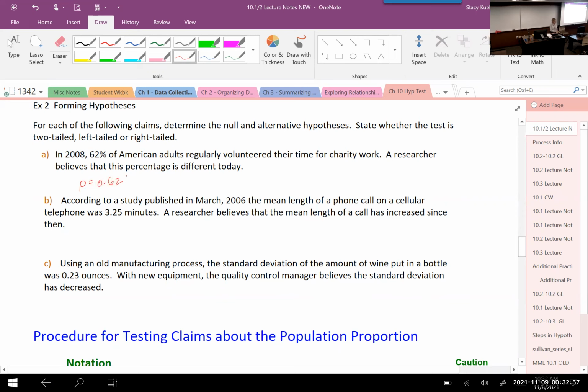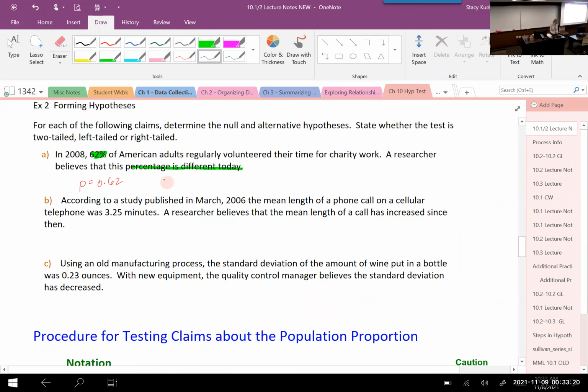And the other piece of information that is needed in here is that a researcher, so you want to know what is the claim? What does the researcher want to know? If it's different, if the percentage is different.